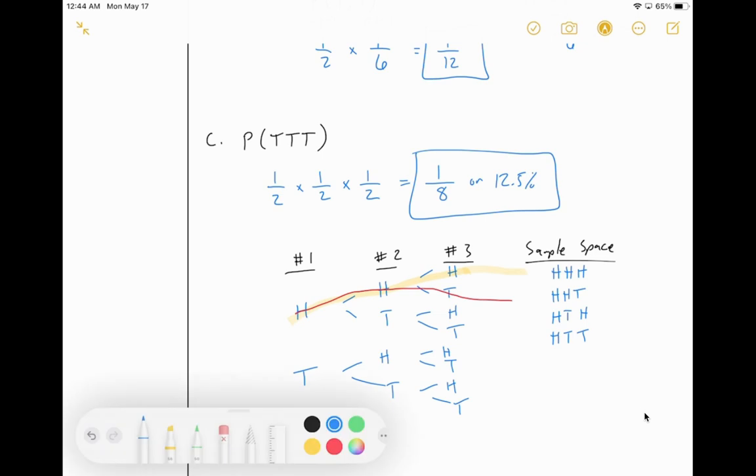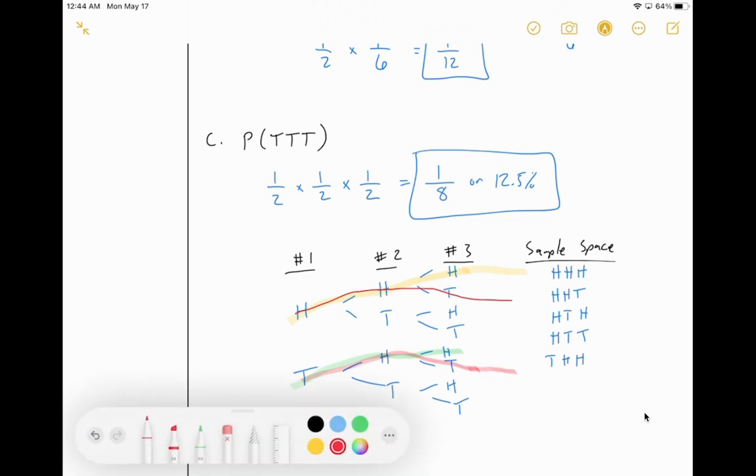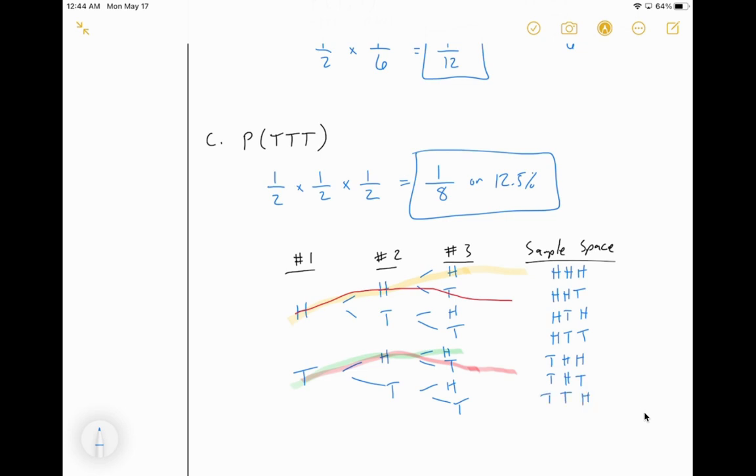And then the same thing will repeat down here. I could get tails, heads, heads. I could get tails, heads, tails. Just keep using different colors here. So you can see how that works. So on and so forth. Tails, tails, heads. And finally tails, tails, tails.